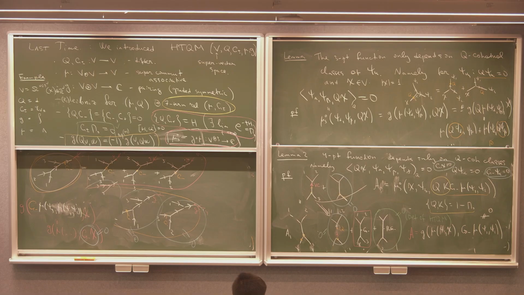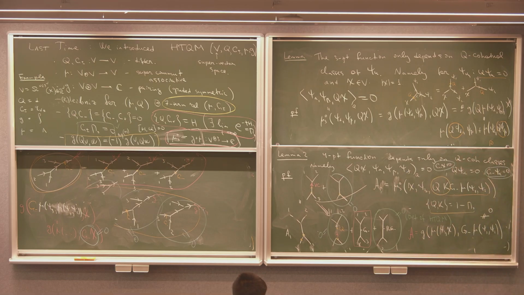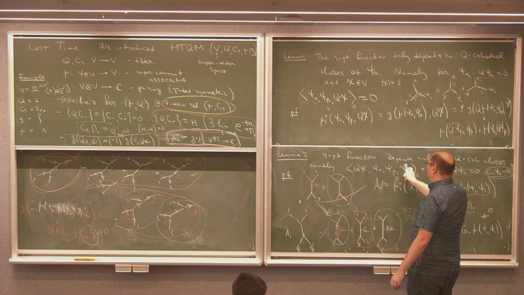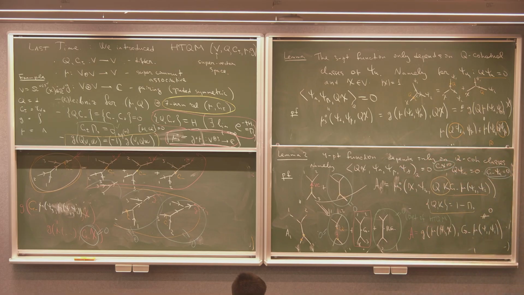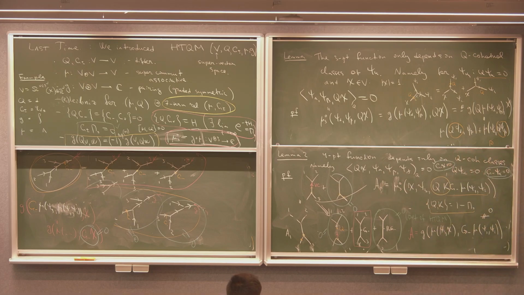So it turns out that for higher point functions, this additional assumption is just enough. As long as we assume that all our states are both Q closed and G minus closed, and we shift one of the states by a Q-exact of a G minus closed element, then the amplitude, the n-point correlation function, is independent of such a shift.